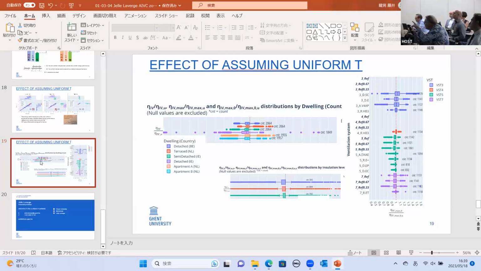Well, there I need some nuance. So we have room-based solutions in the ventilation systems that we looked at. Typically, they have lower heat recovery efficiencies, and we also see a correlation.